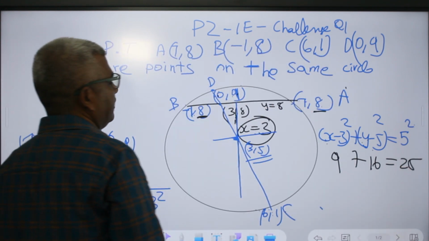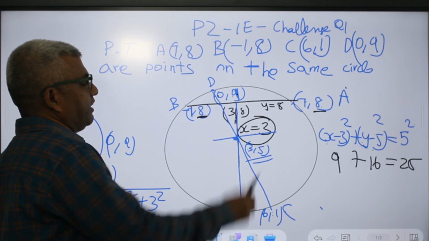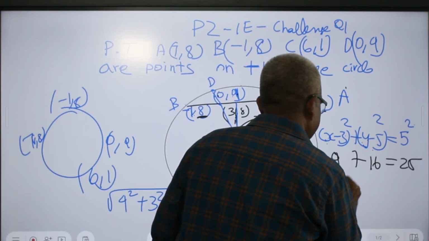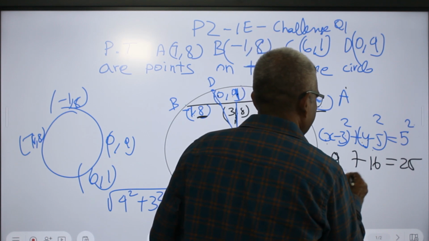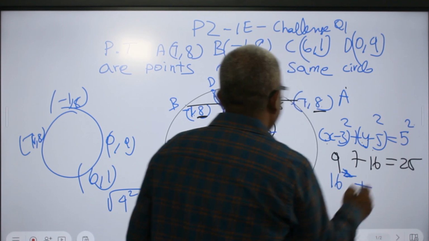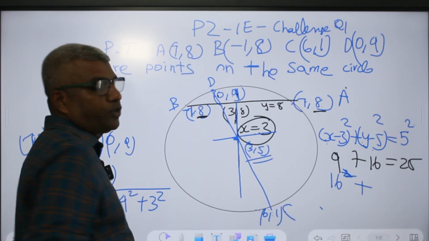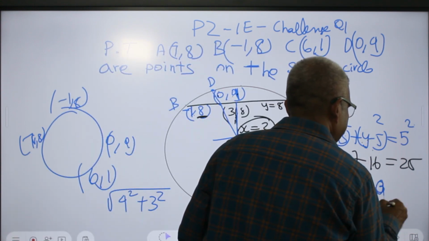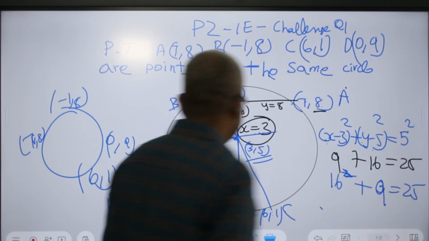Then B, (-1,8). In place of x, I am substituting minus 1. Minus 1 minus 3 is minus 4, minus 4 squared is 16. In place of y, I am substituting 8. 8 minus 5 is 3, 3 squared is 9. 16 plus 9 is 25, balanced.